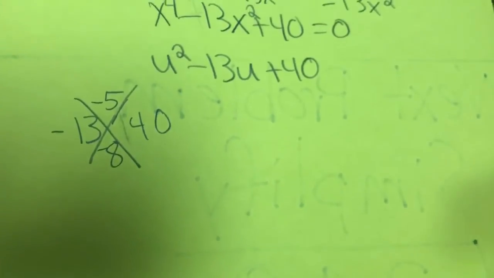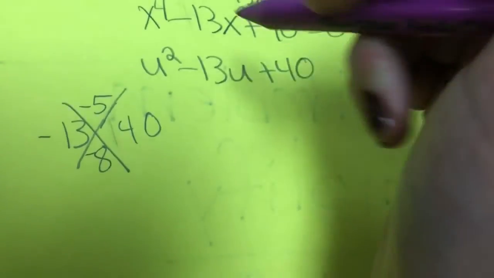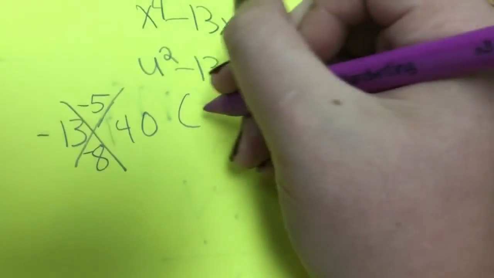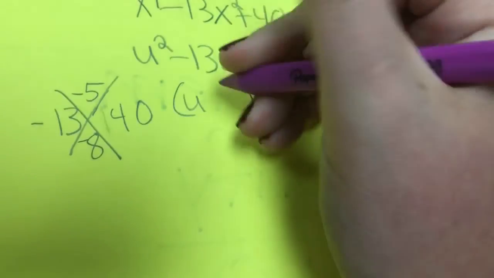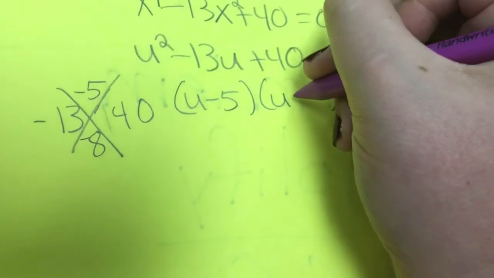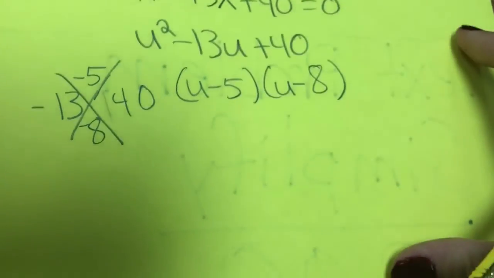Going into parentheses, again, we're not factoring our x's right now, we're factoring our u's. So when we put into our parentheses, we have u first, and then our magic numbers. So 5 was negative, so we have to subtract 5. Our 8 is negative as well, so we have to subtract 8.